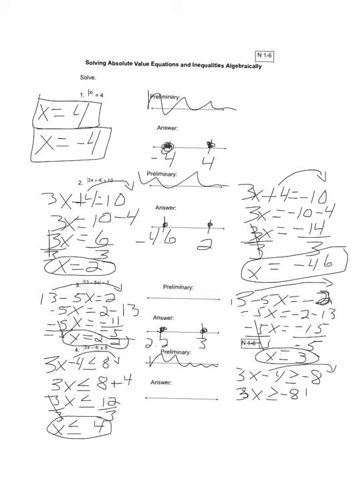Negative 4 becomes a plus 4. 3x is greater than or equal to negative 8 plus 4, which is negative 4. Divide by 3, right? x is greater than or equal to negative 4 divided by 3, which is negative 1.33, so negative 1.3 is fine. Box it, circle it, whatever it.